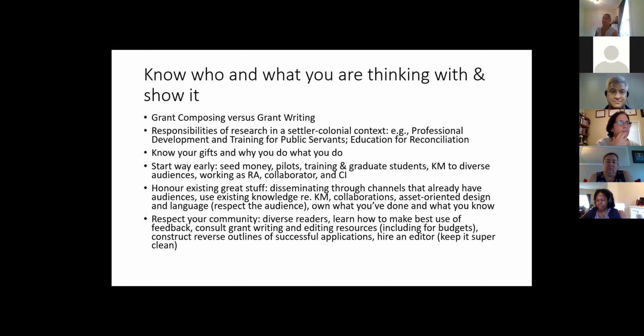Pilots are very important. We need to be always working and training graduate students so that when we get to that grant application, we can show that we have done that work, that we know how to do that work, that we have these students who are already in the queue to go.